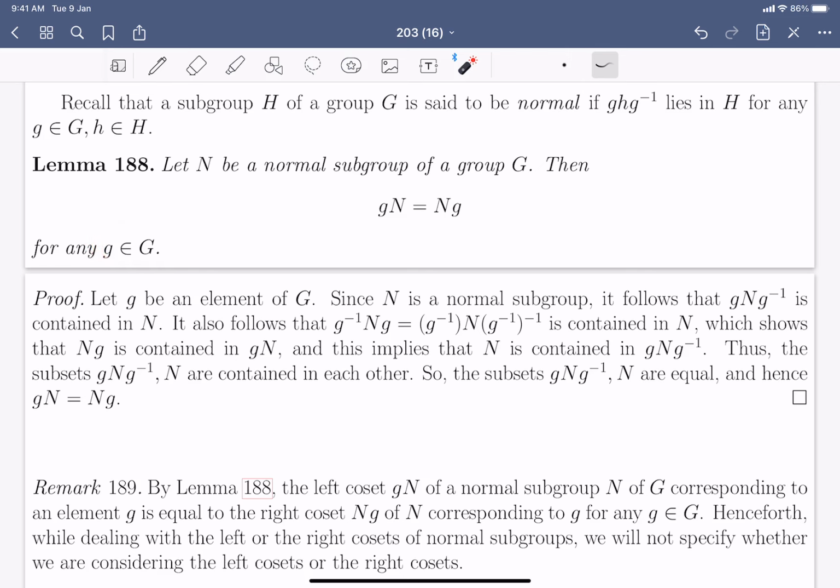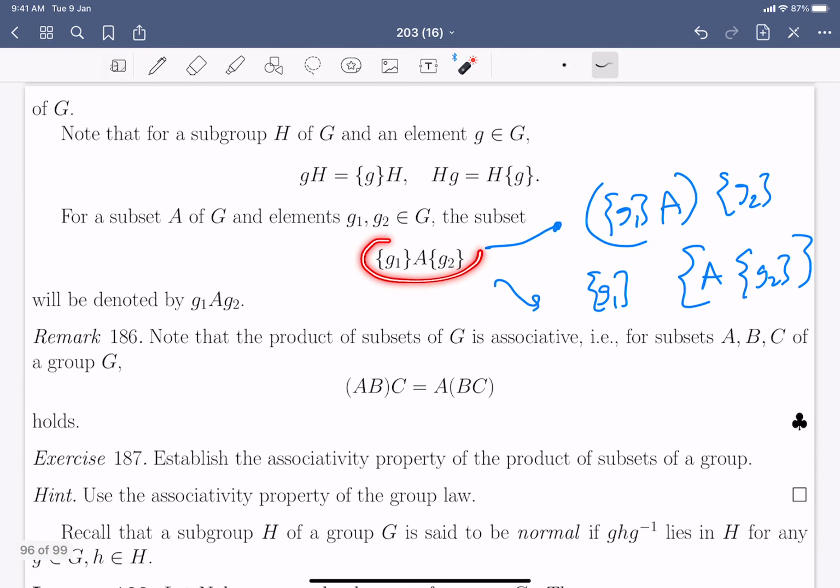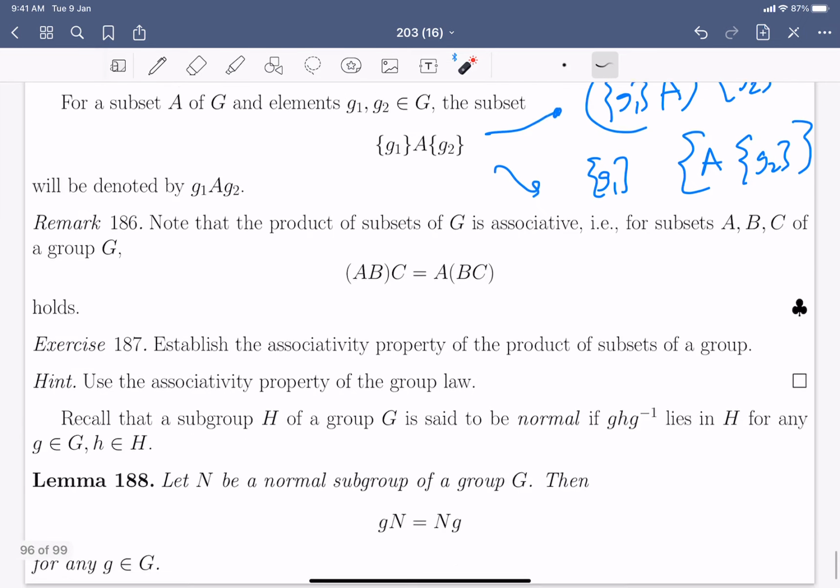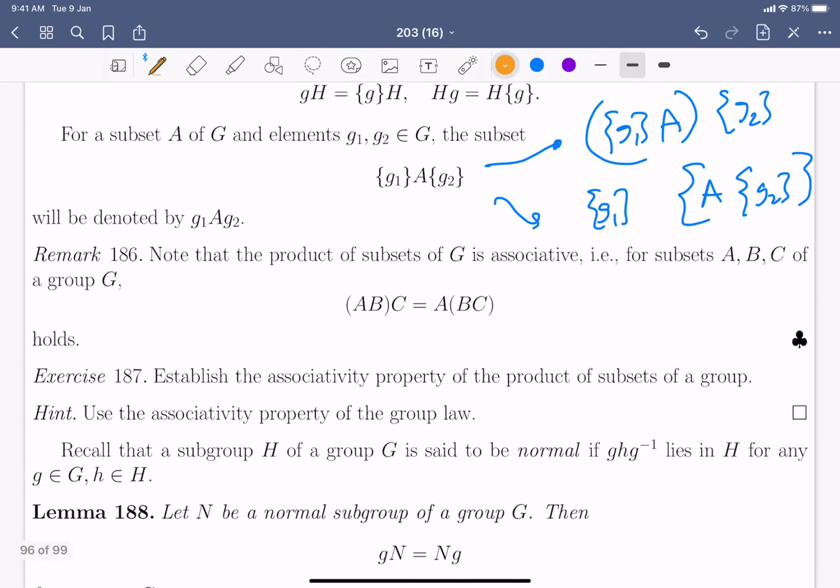So let's try to prove this lemma. We start with an element little g from this group capital G, and since N is a normal subgroup, it follows that gNg inverse is contained inside N. Recall that gNg inverse is just the set of g n g inverse for n in N. Sorry for this bad handwriting.